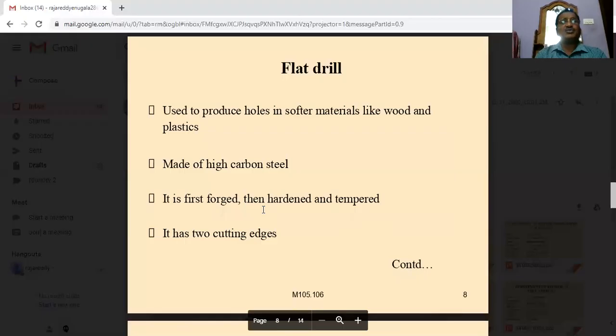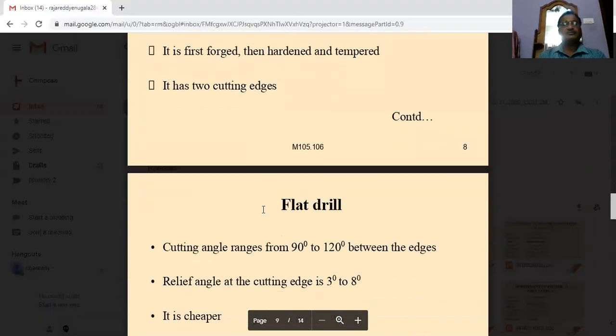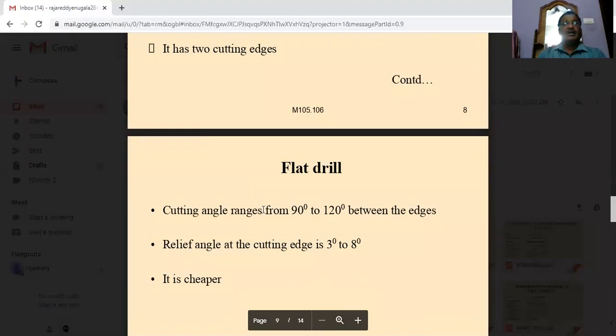It has two cutting edges. The cutting angle ranges from 90 degrees to 120 degrees between the edges. The relief angle at the cutting edges is 3 degrees to 8 degrees. It is cheaper.